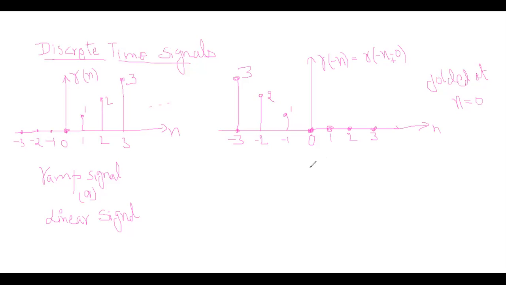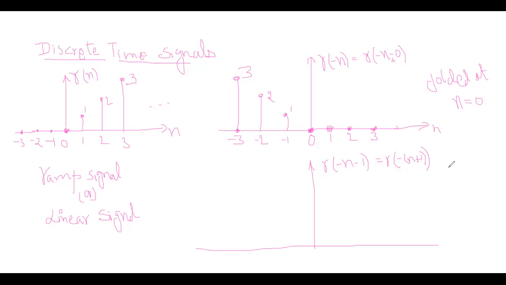Now, I am taking another example, r of minus n minus 1. Let us take r of minus 1 minus n, which is nothing but r of minus of n plus 1.